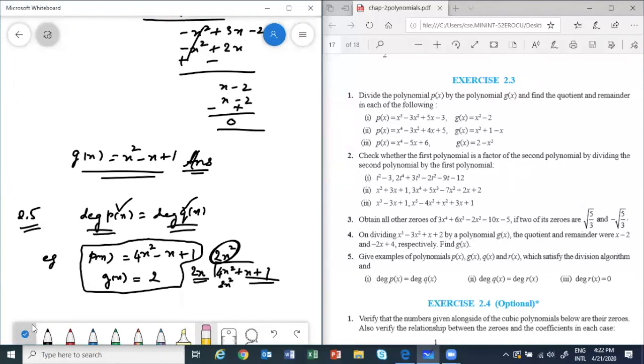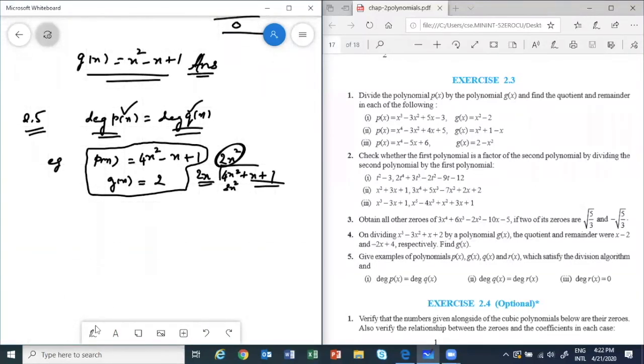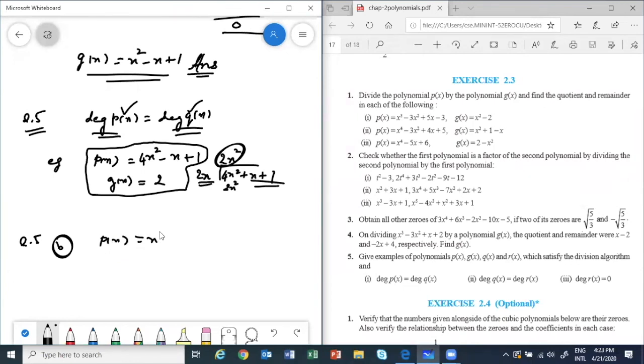Okay, B part. Question number 5, B part. Now say p(x) is x cube plus x square plus x plus 1. We want the degree of q(x) and r(x) to be the same.